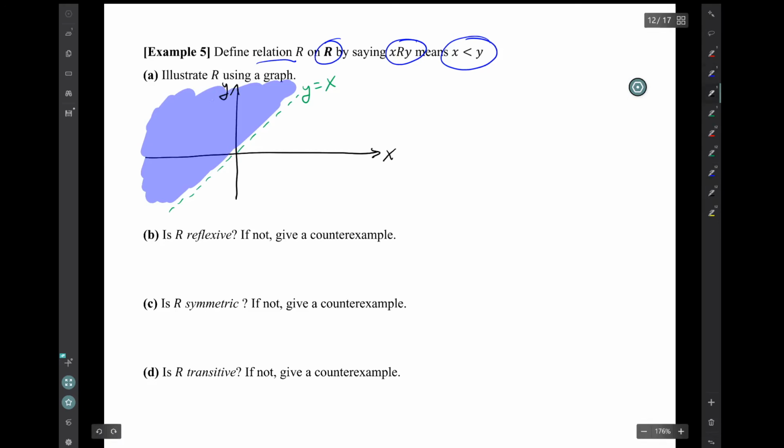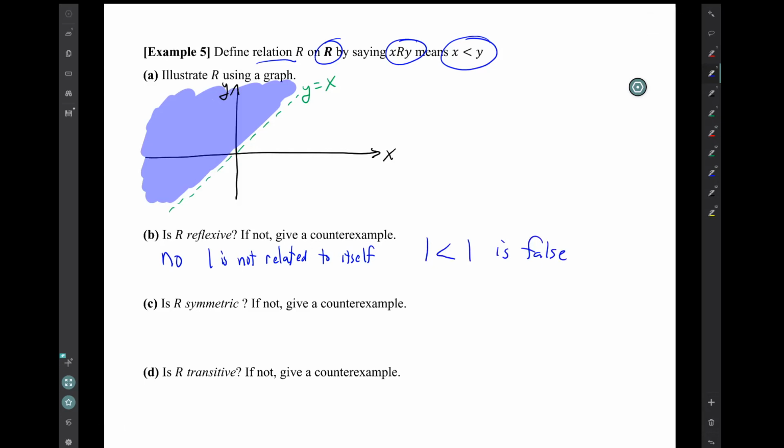So is R reflexive? Well, no, because 1 is not related to itself. That is, the inequality 1 is less than 1 is false. So we can see that we could have picked any point on that main diagonal. They're all missing. Any one of those missing tells us that this relation is not a reflexive relation.